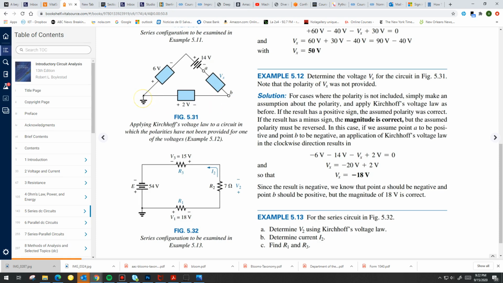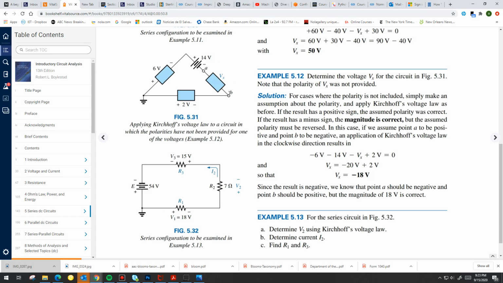All right, so let's start with this ground and go up towards the right. Clockwise. So I'm going to have a drop of 6 volts, another drop of 14 volts, and I'm going to assume, see, they don't give you the polarity of Vx. You don't know that, right? So I'm just going to assume it's another drop, and if it is a drop, indeed, the result is going to be positive.